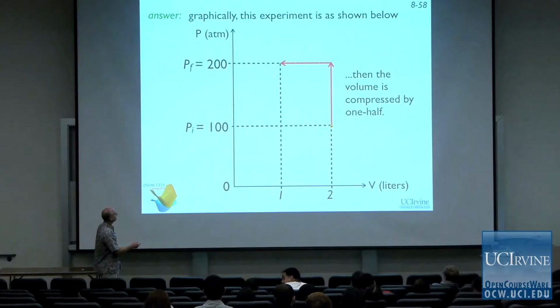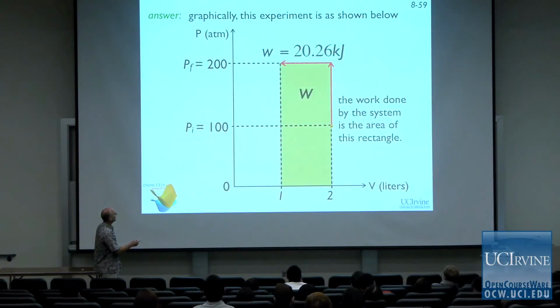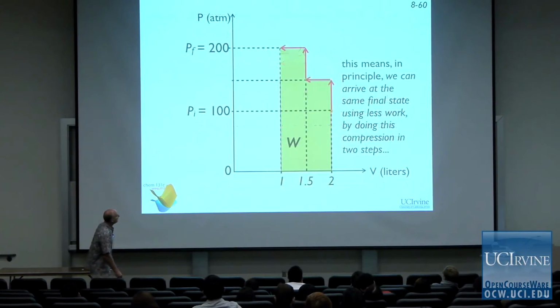That's the work. It just happens that we started at 100 ATM. This means, in principle, we can arrive at the same final state doing less work. If we divide this compression process into 2 steps, my goodness, it might take less work to get there.